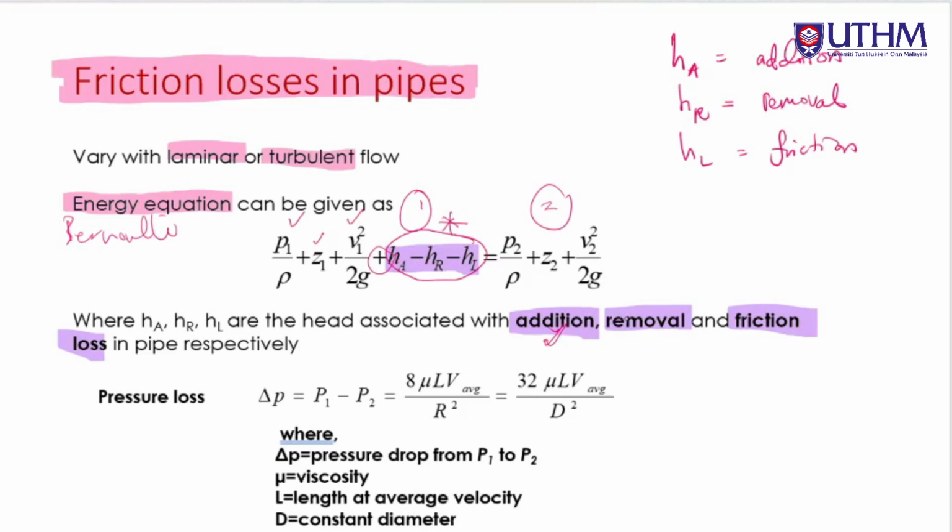Then we subtract the removal HR, and also some sort of friction loss, which is HL. So it depends on the situation. There are losses and there is added energy. Okay, so this is how we calculate the pressure losses.